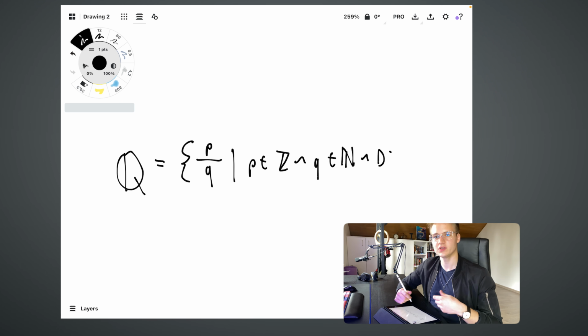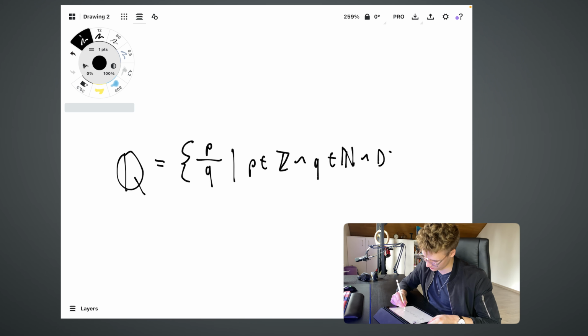What does this mean? This means that the fraction is reduced. Okay, so the common divisor between P and Q is equal to 1.